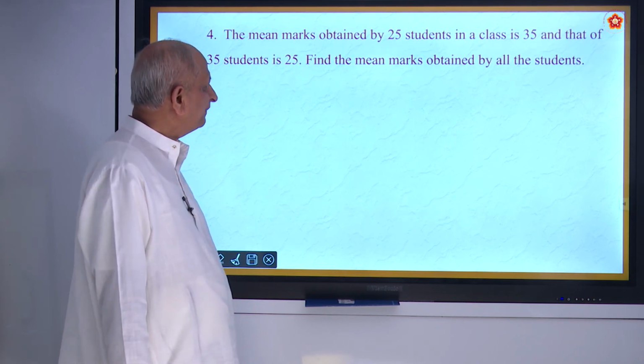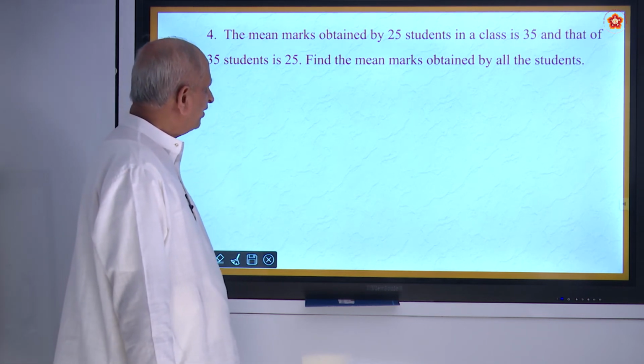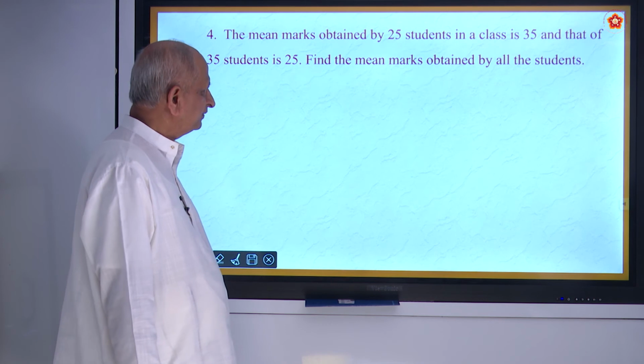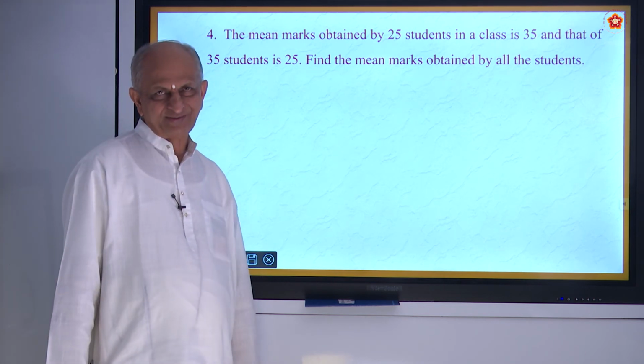The mean marks obtained by 25 students in a class is 35 and that of 35 students is 25. Find the mean marks obtained by all the students.